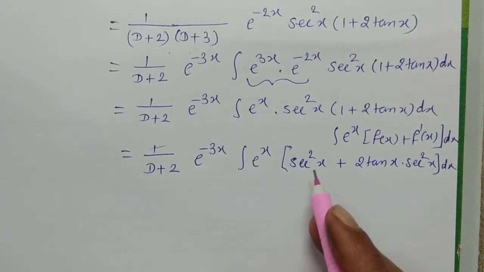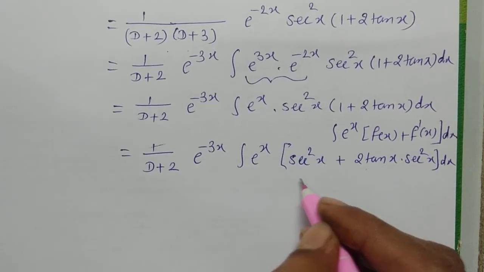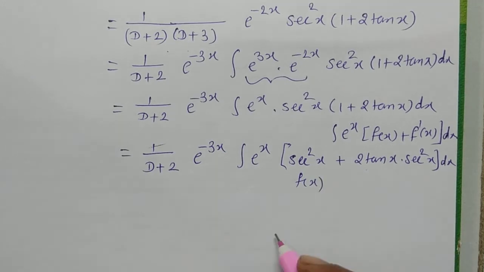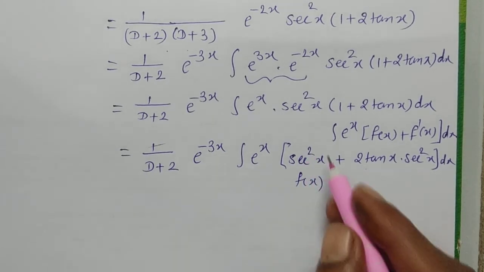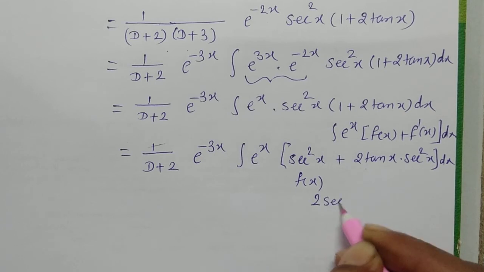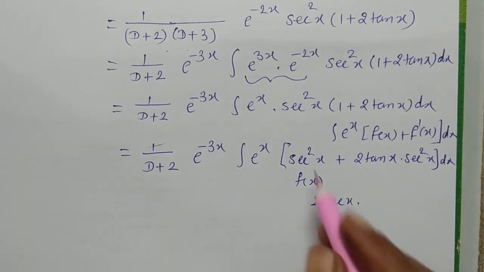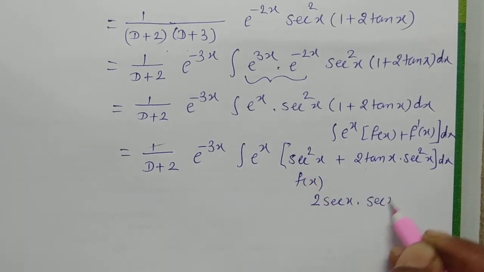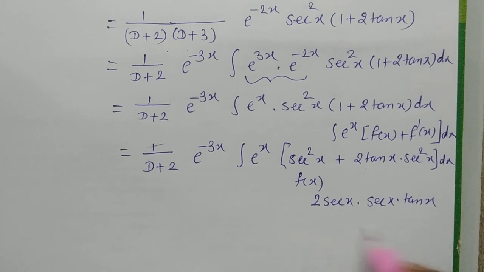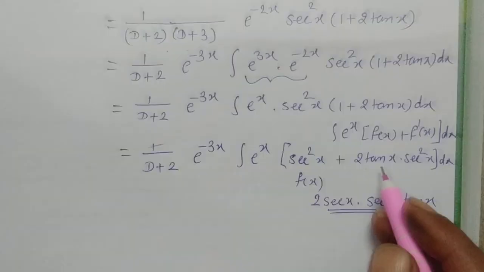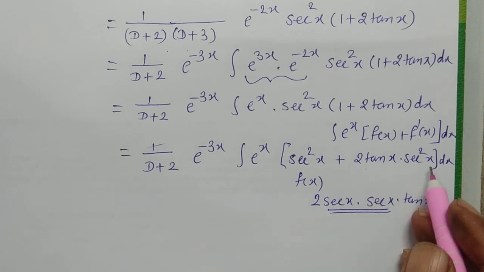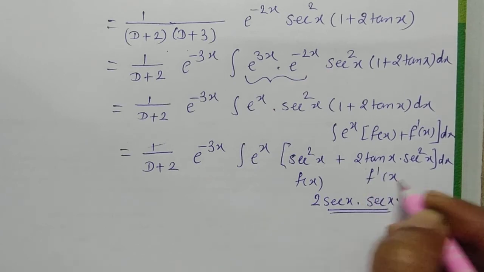Now see, if we take sec squared x as the function, what is the derivative of sec squared? First we write the derivative of the square, that is 2 sec, isn't it? And then the derivative of sec is sec into tan, sec x into tan x. So we will have 2 sec squared x into tan x dx, that means this is f dash x.